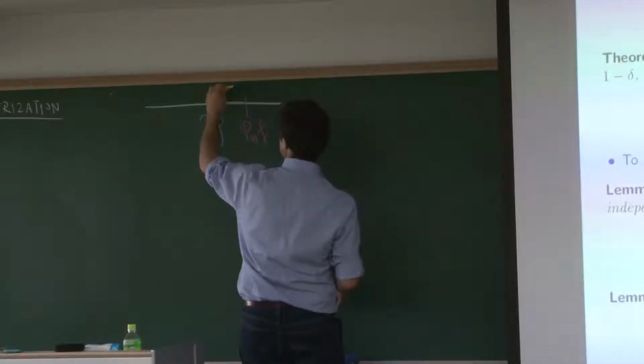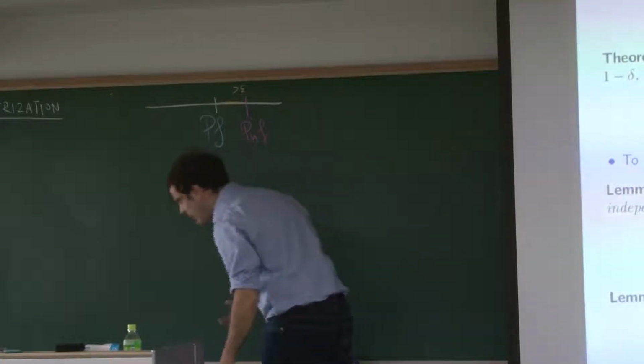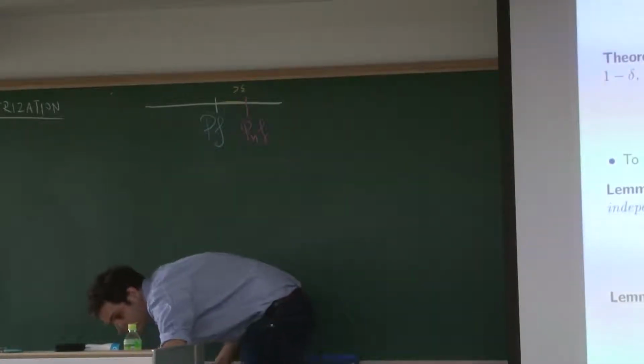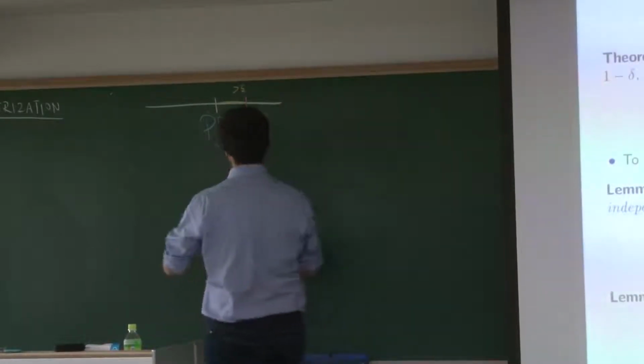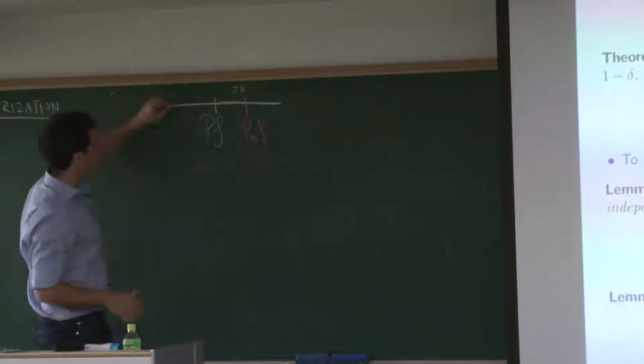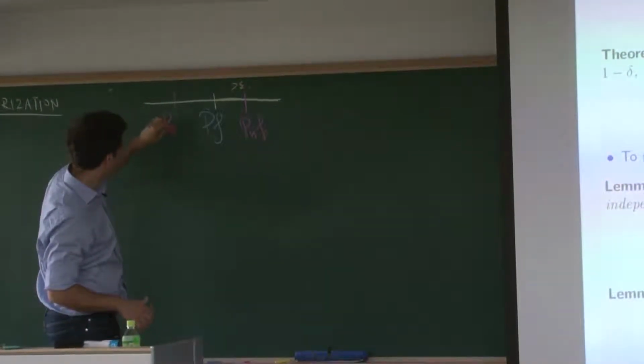And the probability that this is bigger than epsilon, well, we can play with the fact that, I should use a different color. Okay, I'm going to use another sample, which I'm calling the ghost sample.